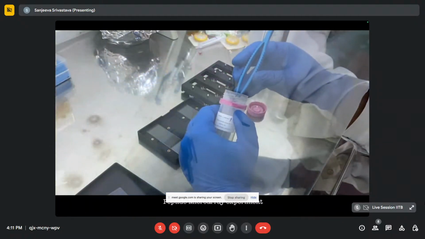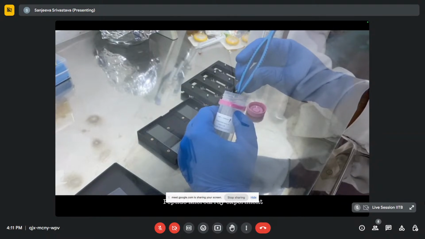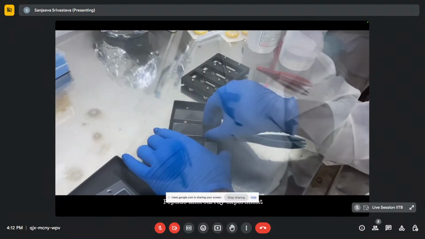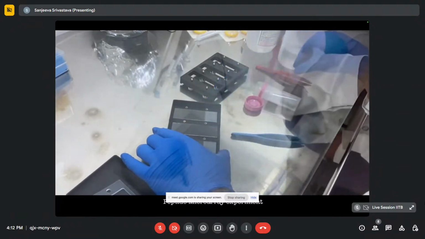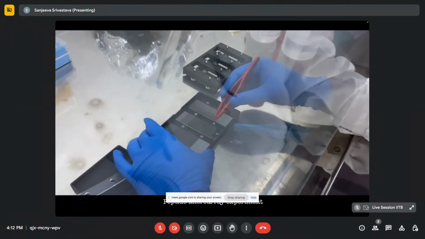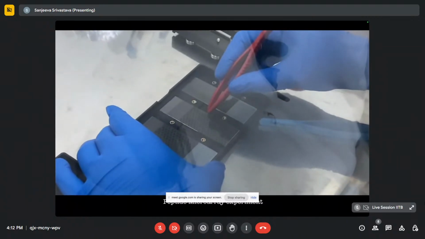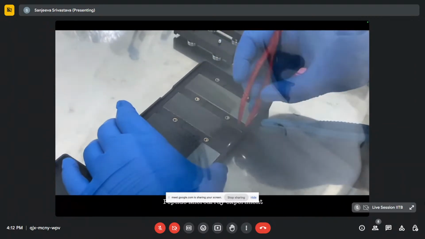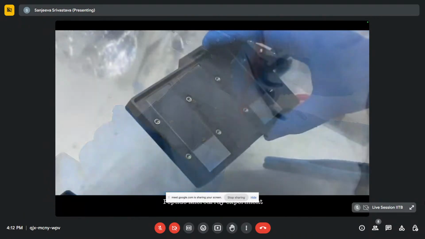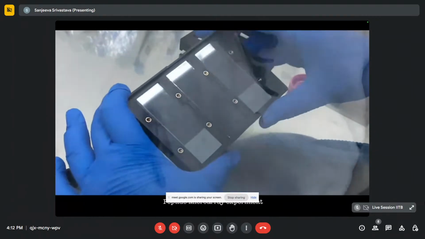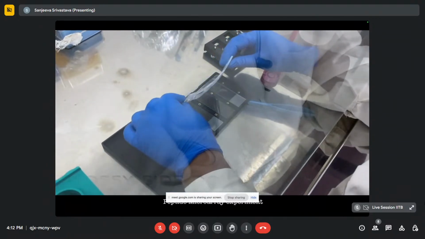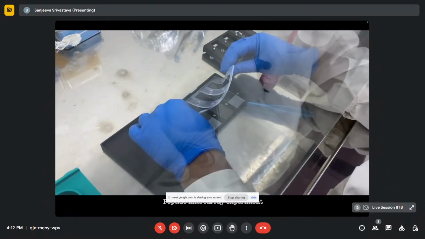Slowly take out the chip using plastic forceps and place it on the incubation tray. Align the chips properly onto the tray. Now, allow the gasket to be placed over the slides.